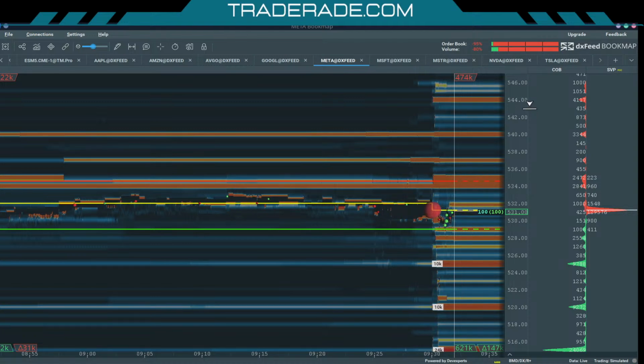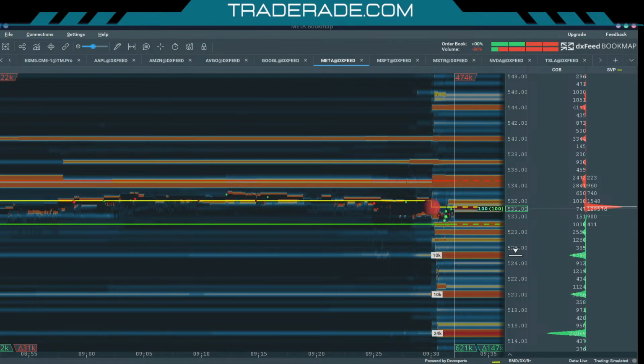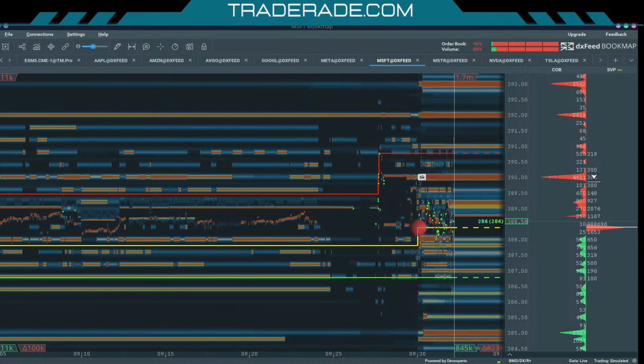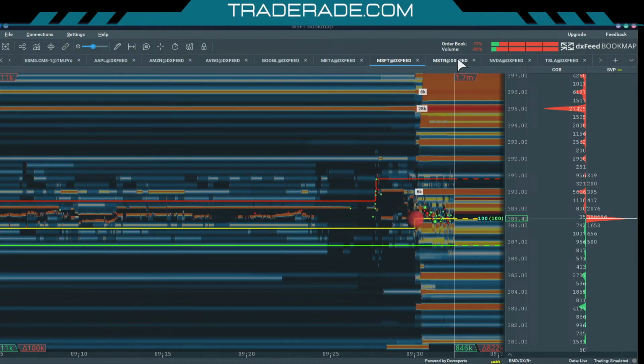And you got a pretty chunky amount of liquidity down here at 525, 520, and 515 on the bid. Microsoft has a pretty heavy order book, delta about 823,000 to the sell side. And really, the biggest liquidity level I'm looking at on this book is around 395 with 27,425 on offer.